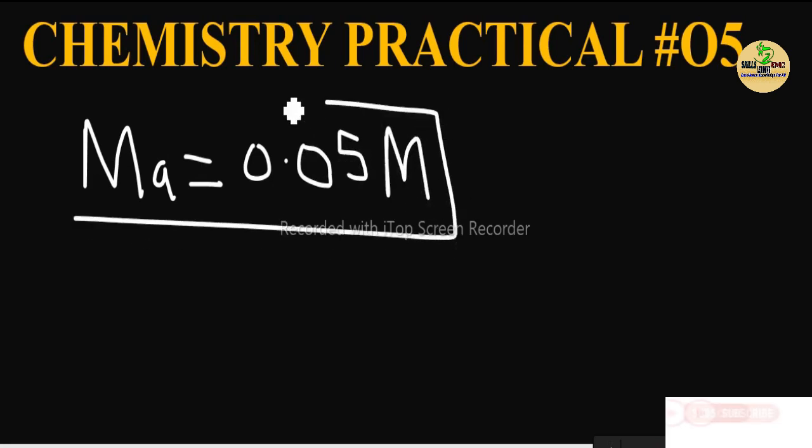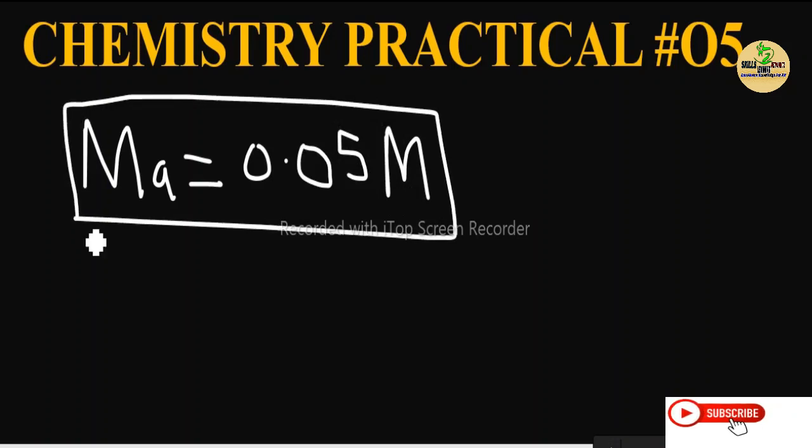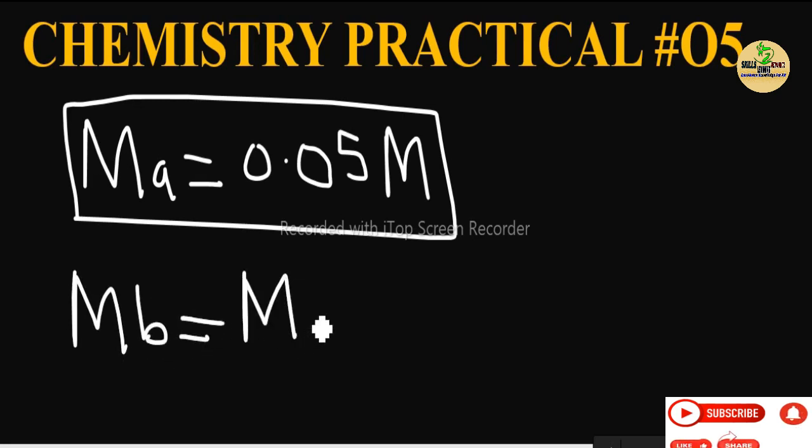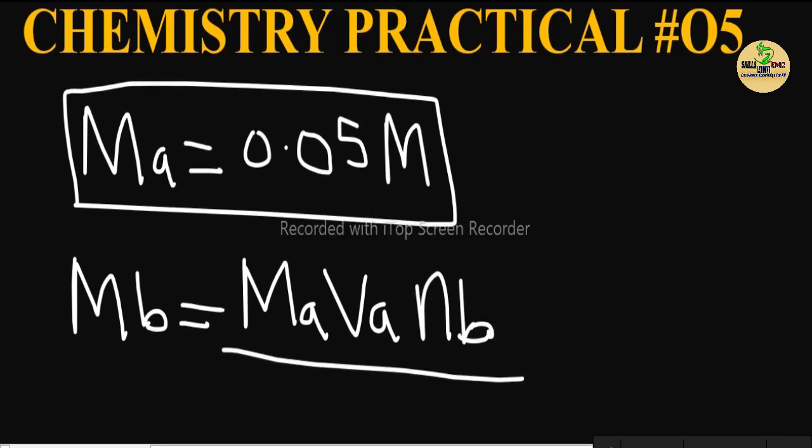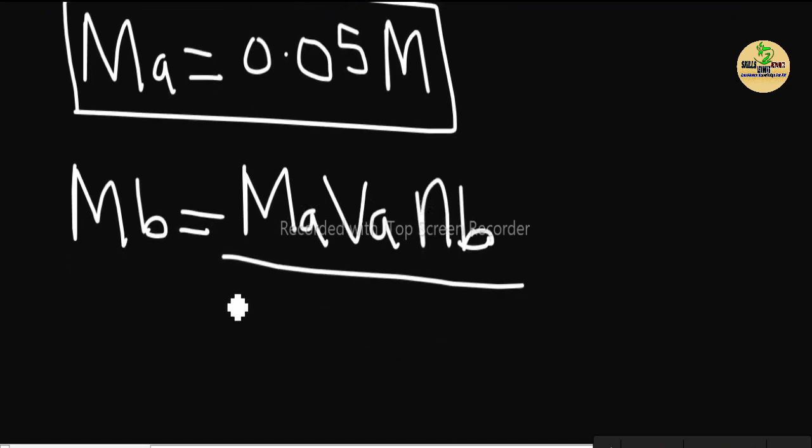So now another procedure we are required to find molality of base, which is equal to, the formula is this one, over volume of base, number of acid.